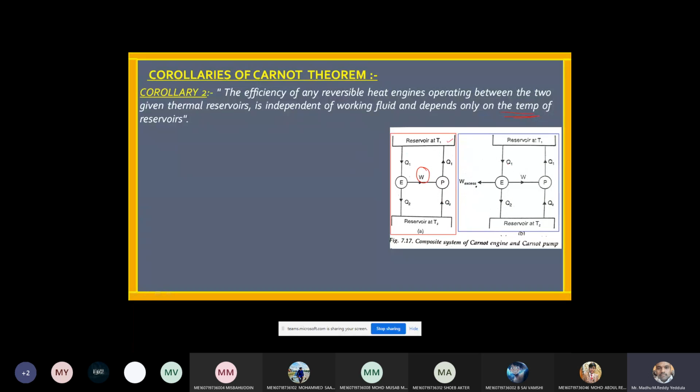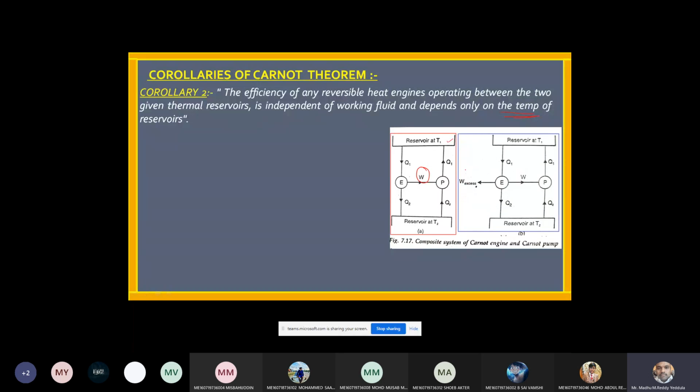Now if you couple these two, let us assume my engine is giving more work than the pump requires. Assume the engine work is directly used by the pump. Now I am assuming that this engine is delivering more work, therefore part of the work is used to drive the pump, and the remaining work I am extracting out.